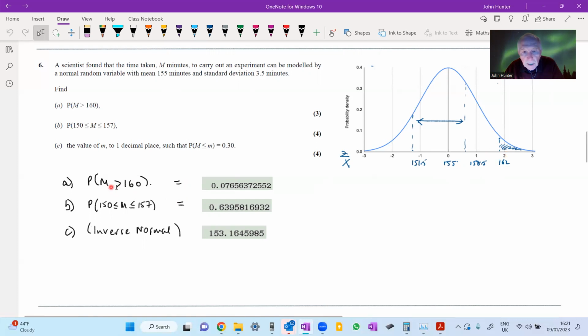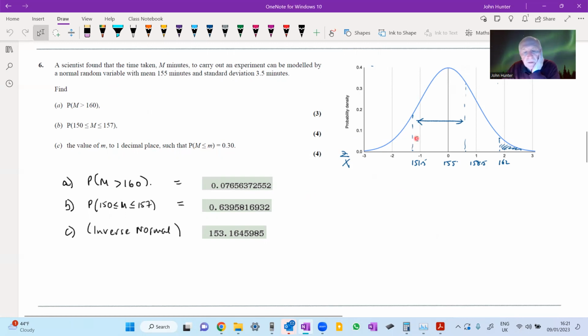So we can stick that into the calculator in the same way. We get that. The probability that it's between 150 and 157, well, here we would have a lower of 150 and an upper of 157 with the parameters above. It gives you that. Then this last one: find the value of m to one decimal place such that the probability that M is less than m is 0.30.